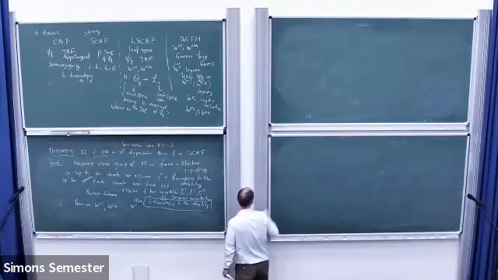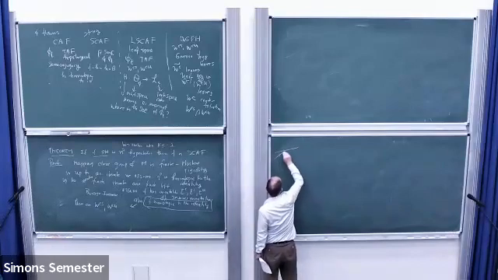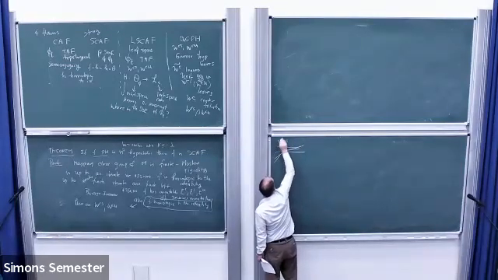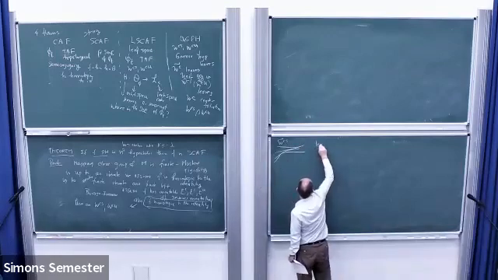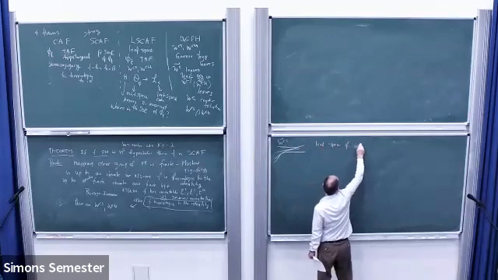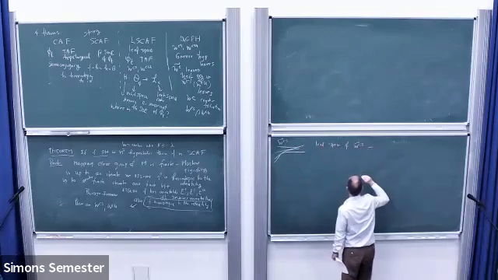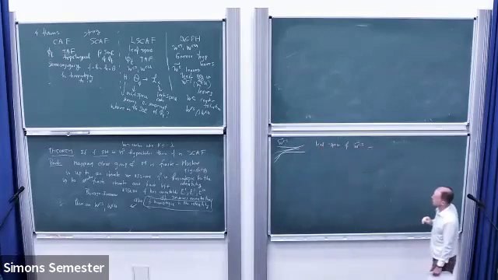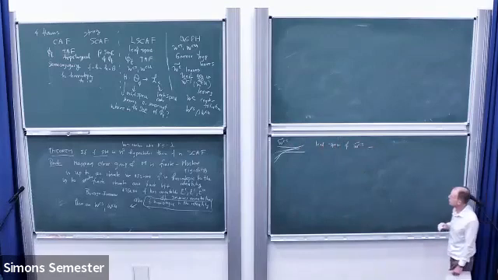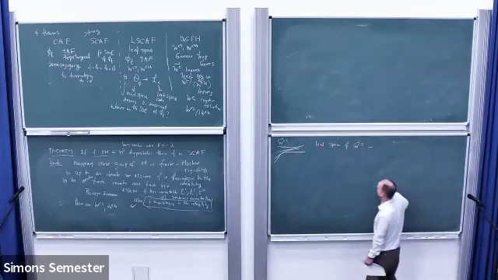So first of all, I'm going to talk about the leaf spaces. What is the leaf space? It is the leaf space of the lifted cover of the Reeb-less foliation.